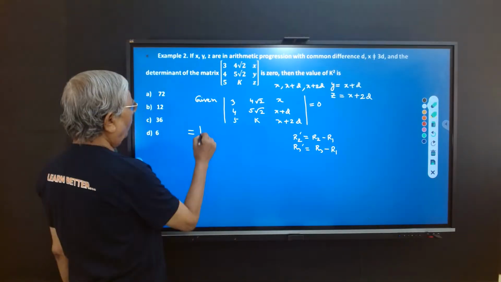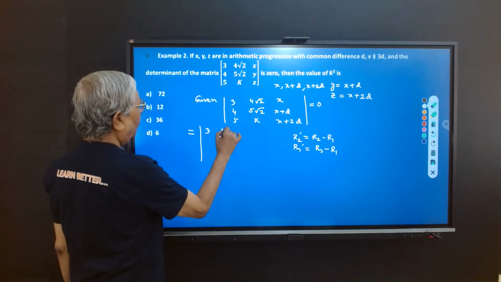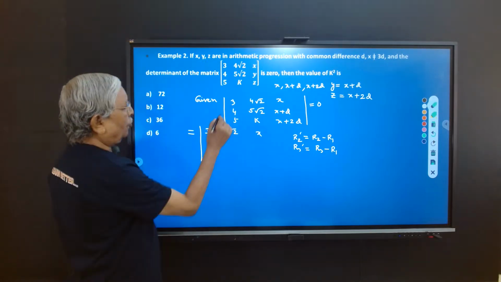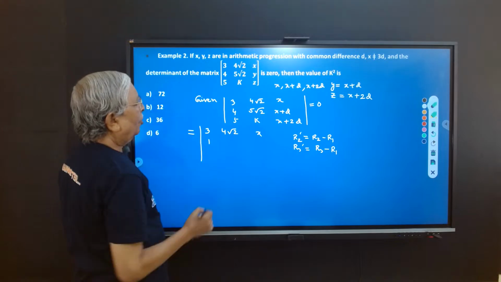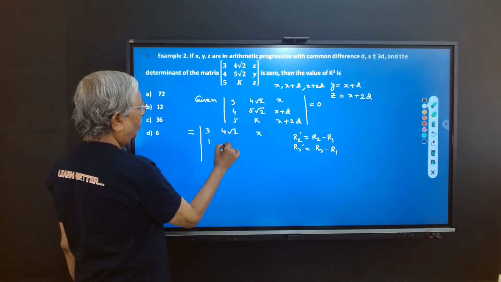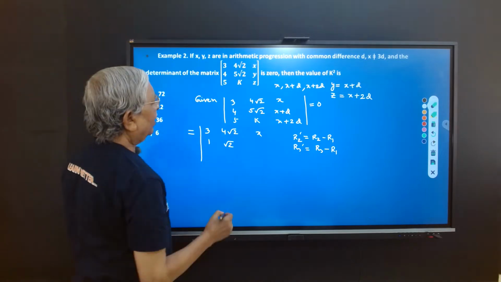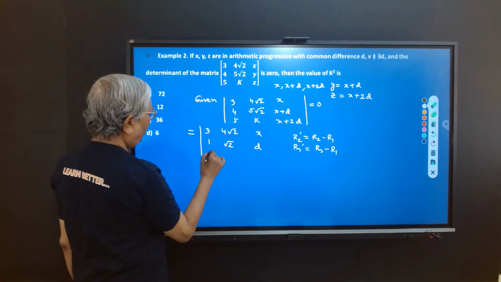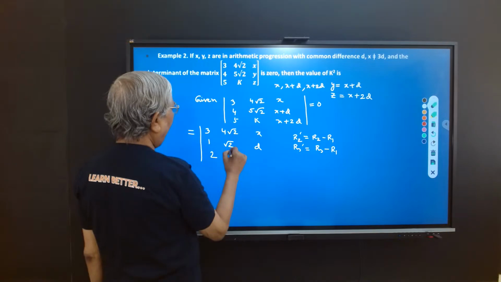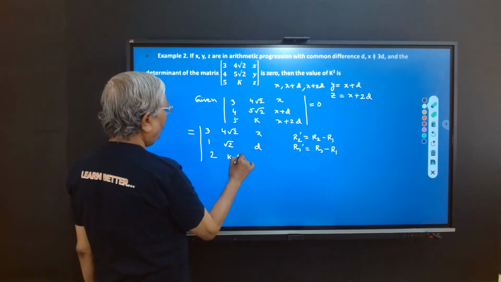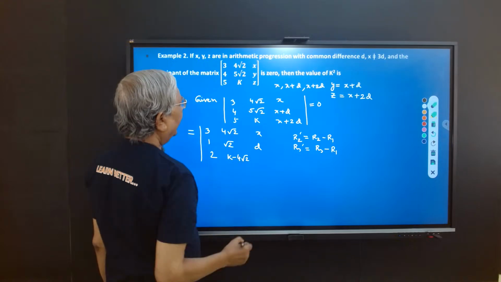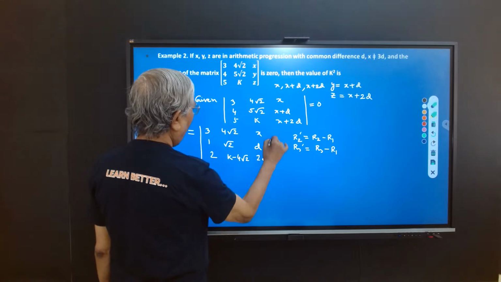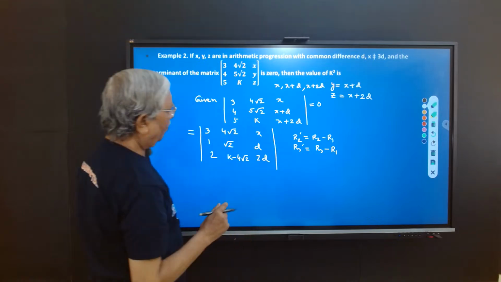The first row will remain unchanged, that is 3, 4 root 2 and x. Second row minus first row: 4 minus 3 is 1, 5 root 2 minus 4 root 2 is root 2, x plus d minus x is d. Next, 5 minus 3 is 2, then k minus 4 root 2, and x plus 2d minus x is 2d.